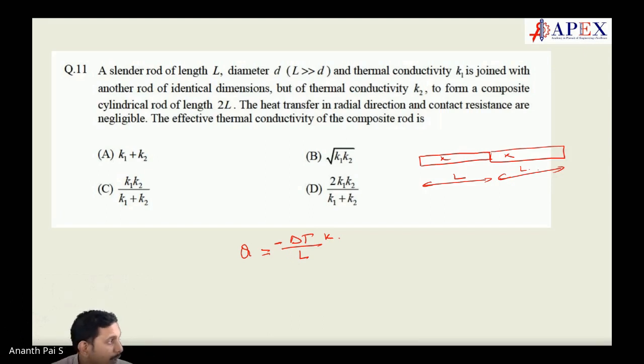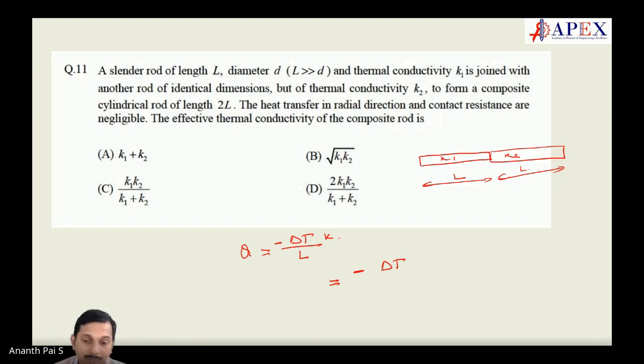If you had the composite rod, Q is the same, is it not? Minus delta T would be the same. Sorry, K1 and K2. This is K1, this is K2. I'm really sorry. Identical dimension, but K1 and K2.